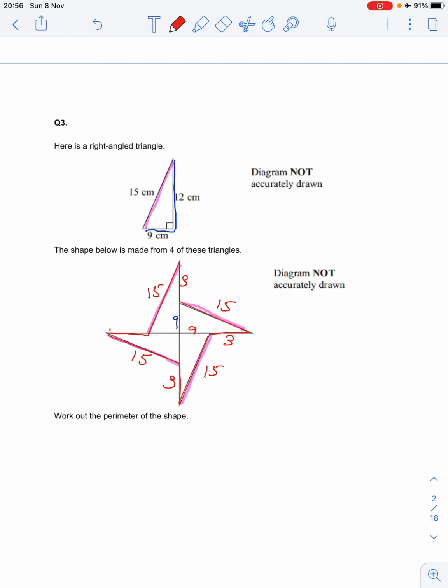Now we have to add up everything in red. So we have 4 15s, so 4 times 15, plus 3 lots of 3s.